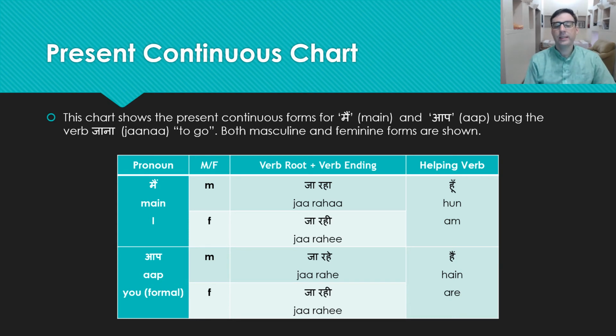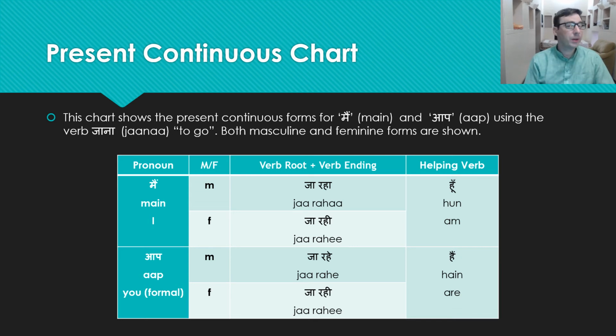Again, note that in the masculine, in this tense, when we're using aap, the ending is e, right? It's not ja raha, it's ja rahe. And again, remember, that's because aap is actually a plural pronoun. And in Hindi, there is a masculine singular ending, which is aa, there is a masculine plural ending, which is e, and there is a feminine ending, which is ee. So speaking as a female using main, it's main ja rahi hoon.